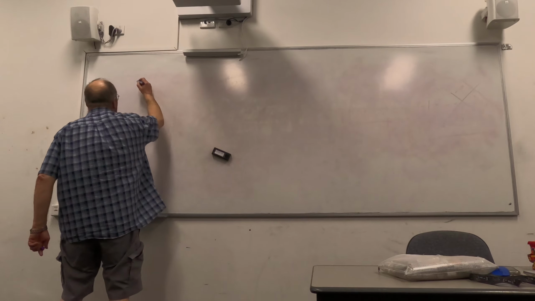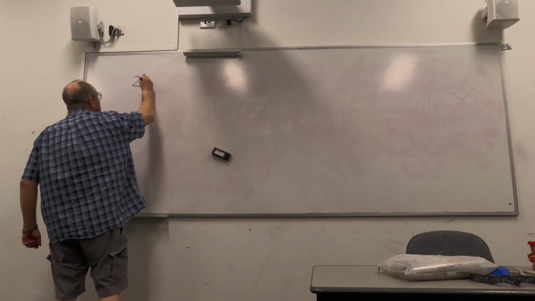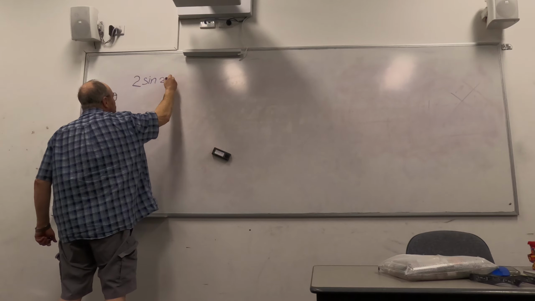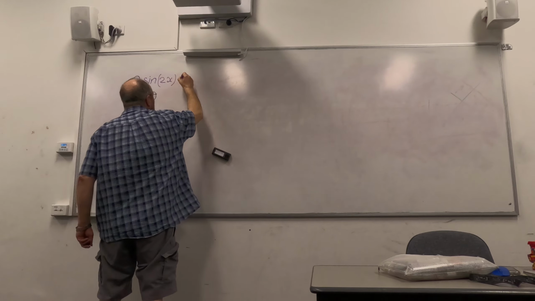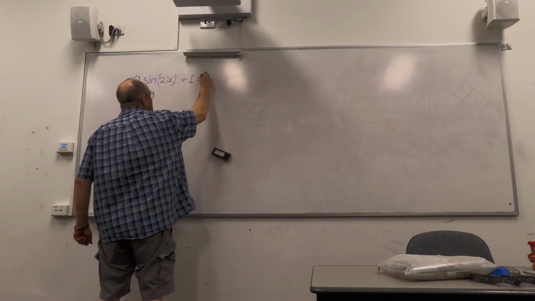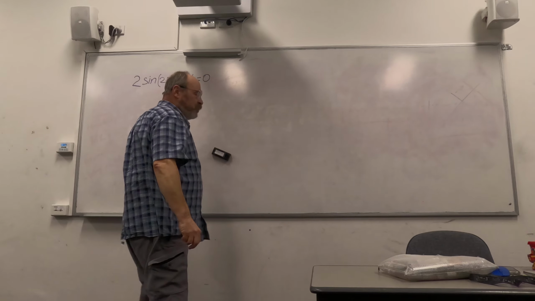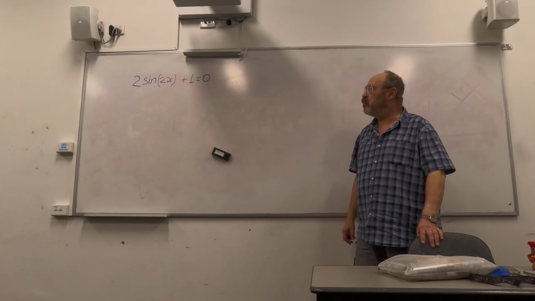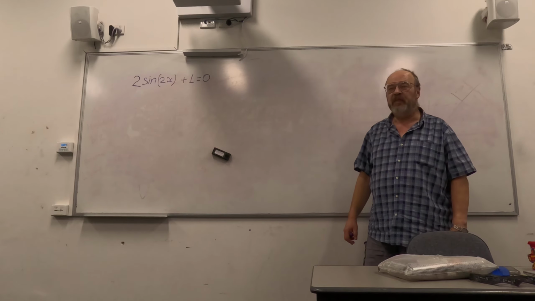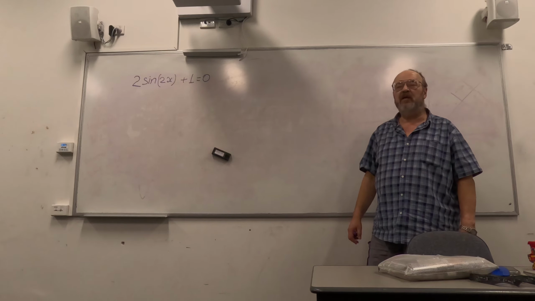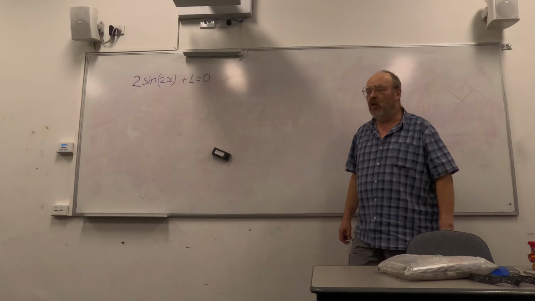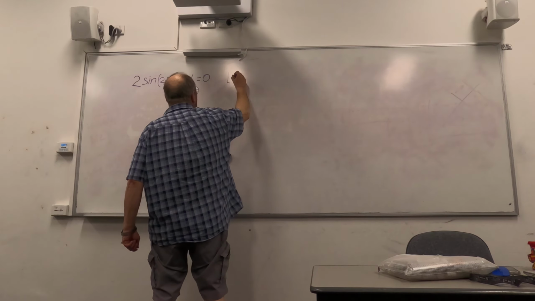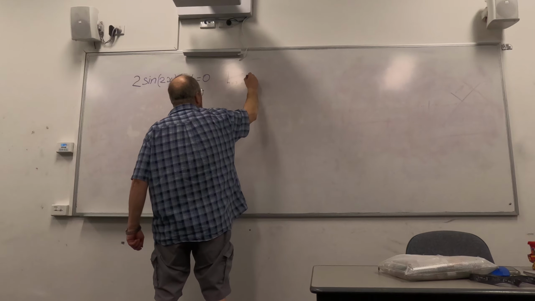If we have the equation 2 sine 2x plus 1 equals 0, and we need to find all solutions of this equation on the interval from negative pi to pi.